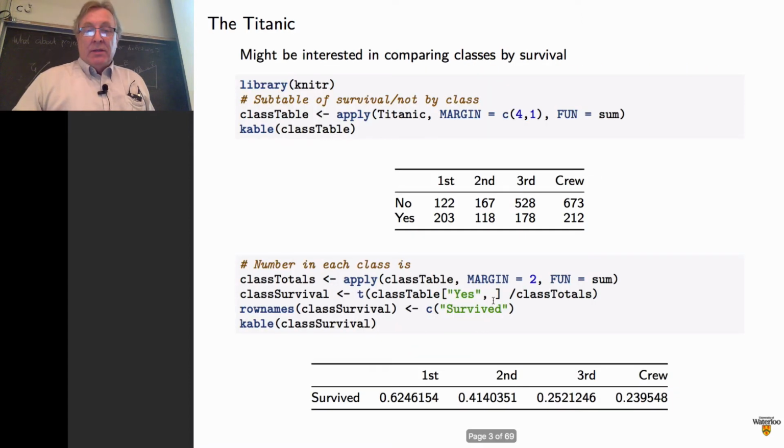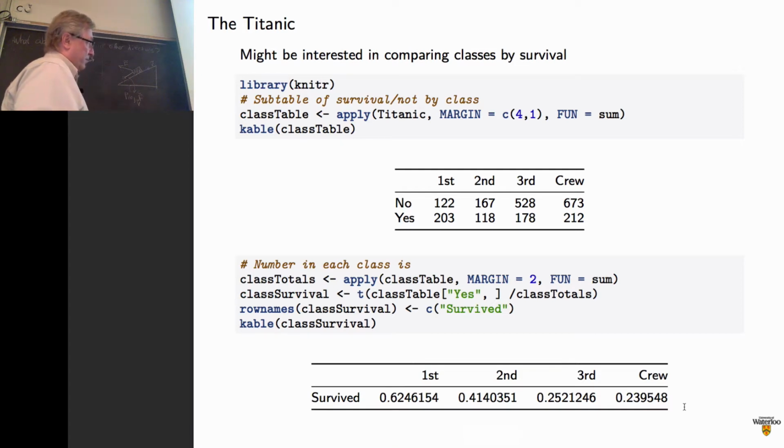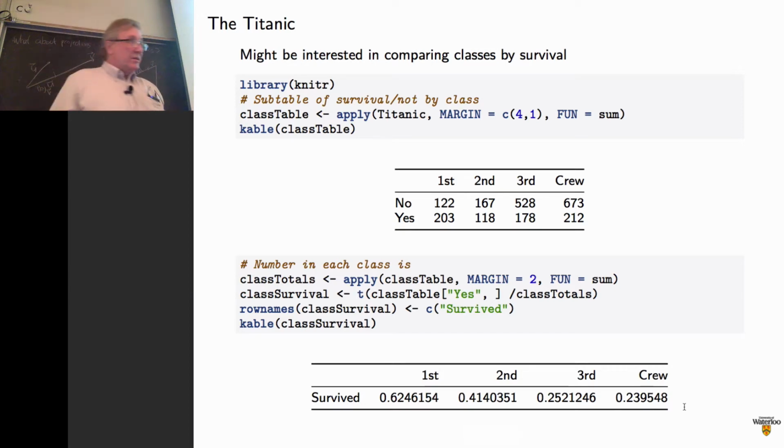So the margin that I'm doing the summations over, I want to keep that and sum over all the other indices, the 4th and the 1st. That said, I want to look at what proportion in each class survived. This little calculation here will give us these proportions, and there's the table of the proportions of survivors in each class. And that's a lot of significant digits, and they're organized horizontally.